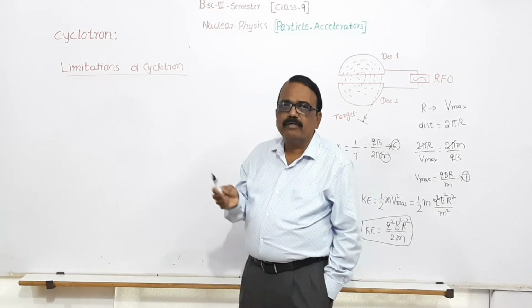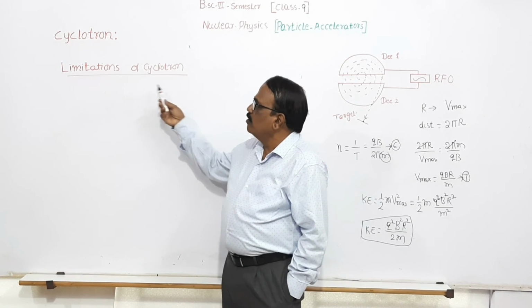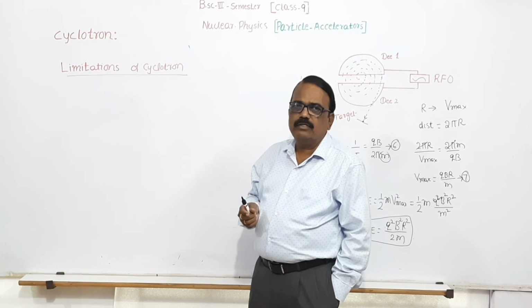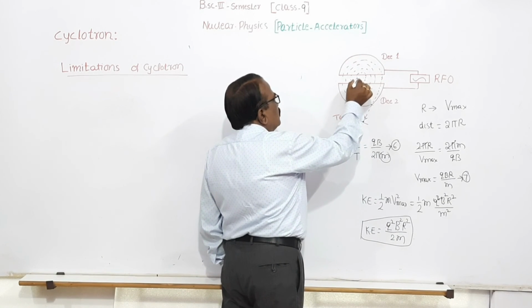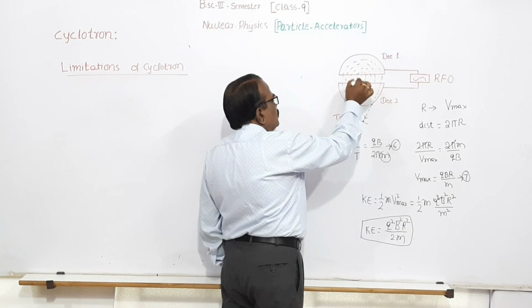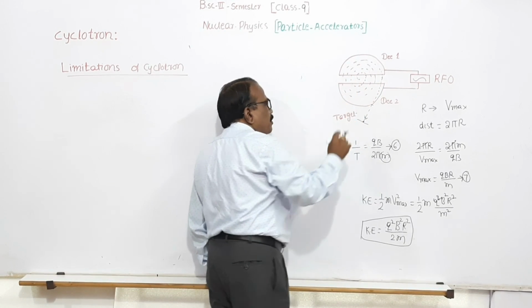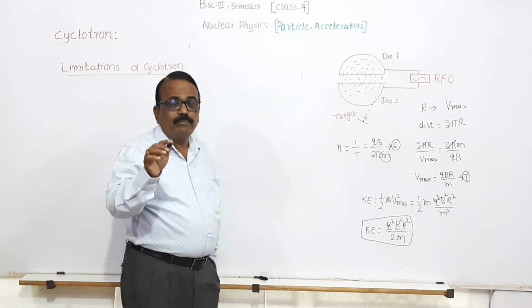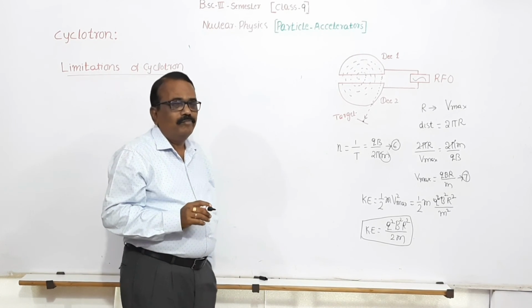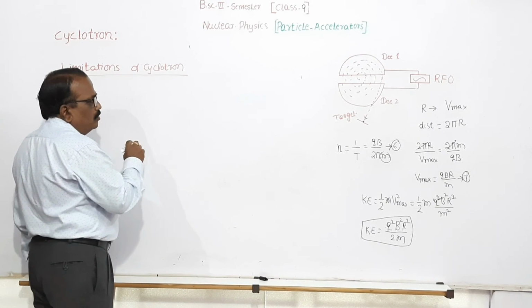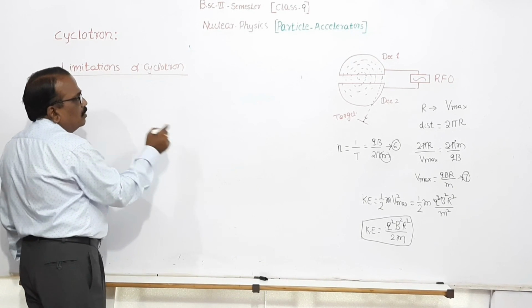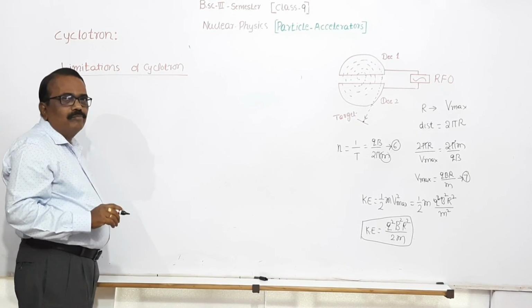Now lastly, you have to study what are the limitations of this cyclotron. See, continuously in the cyclotron, this charged particle goes on taking the spiral path. At every step it is accelerated. The frequency of revolution of this ion is given by equation 6.